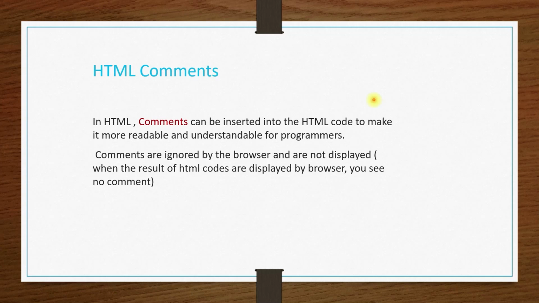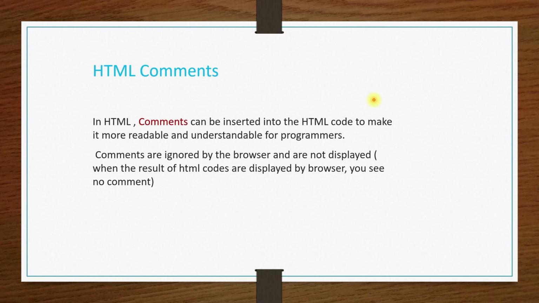The first programmer is responsible for coding some parts of the website, and the second programmer is responsible for coding other parts. It means that these 2 programmers have to exchange their codes with each other until they are able to work on different parts of those web pages and that website.